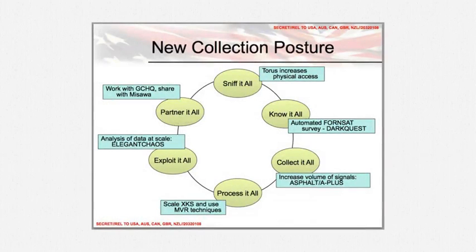I'd close by emphasizing that this lecture just scratched the surface. There's much more to learn about Executive Order 12333 programs, and I'd greatly encourage you to read more. In the NSA's own words, they're trying to sniff it all, know it all, collect it all, process it all, exploit it all, and partner it all.